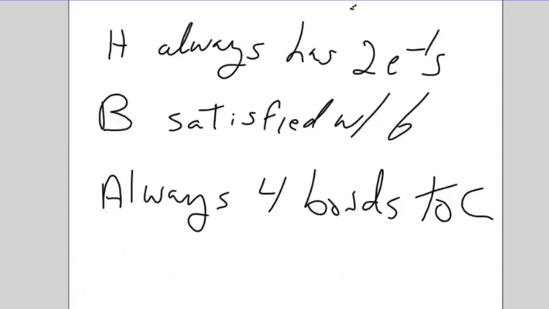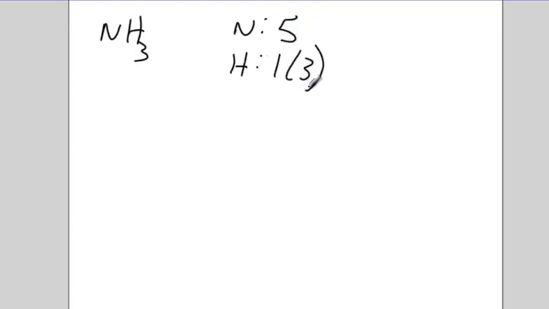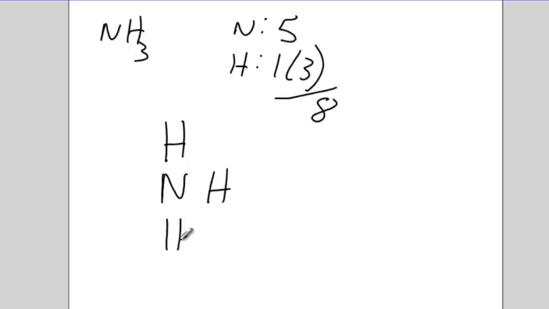All right, I'll be adding to this, but let's draw another structure. Let's try NH3. And if you look at the periodic table, N has 5 valence electrons. Once again, H has 1, and there's 3 of them. So once again, I have a total of 8 electrons. The N goes in the middle. H's are all around it. 1, 2, 3, 4, 5, 6, 7, 8.